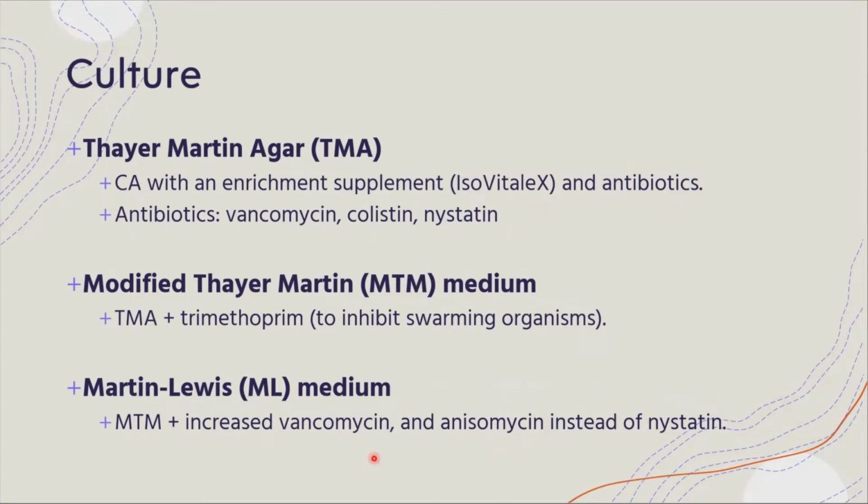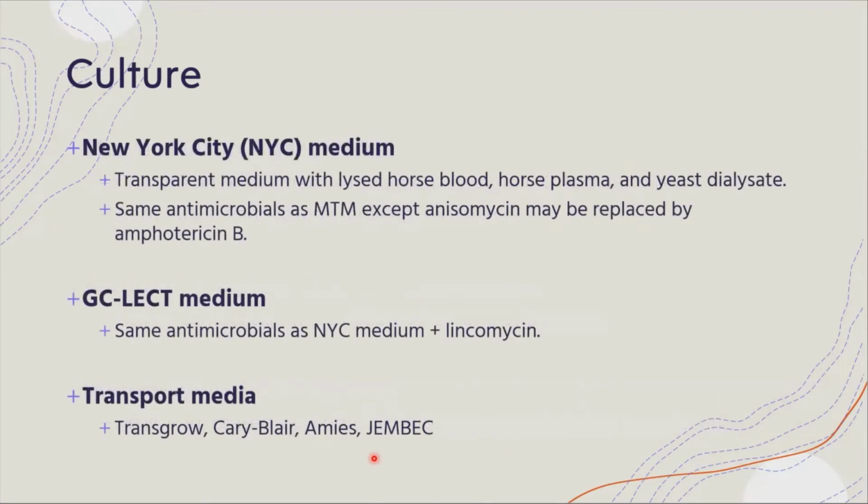And then we have the New York City medium or the NYC medium. So this is a transparent medium with lysed horse blood, horse plasma, and yeast dialysate. It has the same antimicrobials as the modified Thayer-Martin medium, except anisomycin may be replaced by amphotericin B. Kasi in some preparations, anisomycin pa rin yung isa sa mga antibiotic, but in some, amphotericin B na.